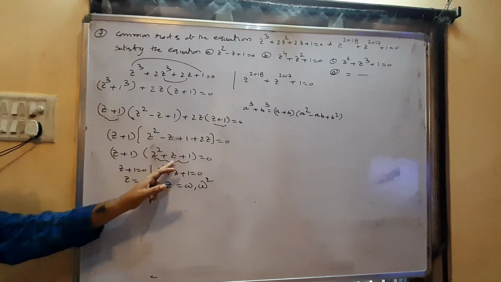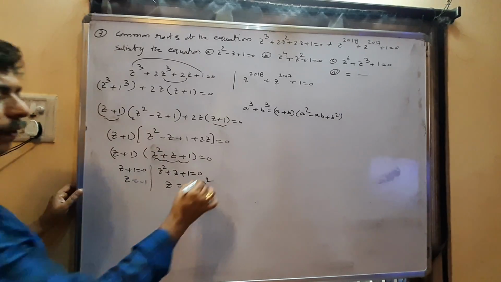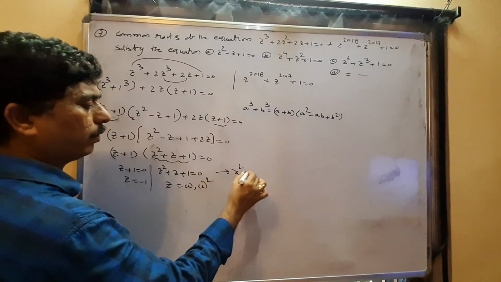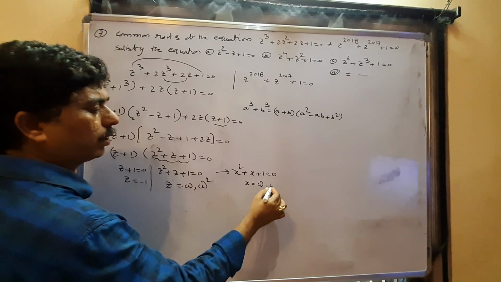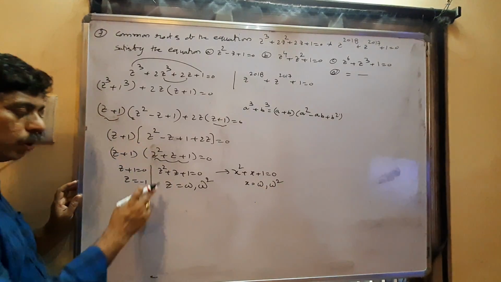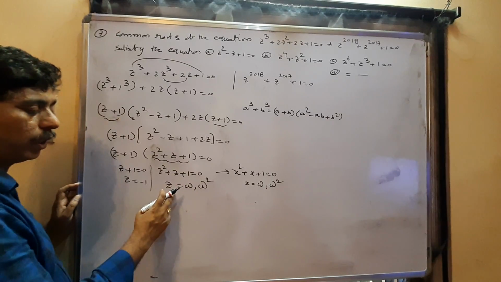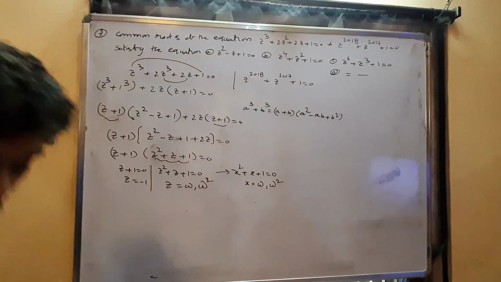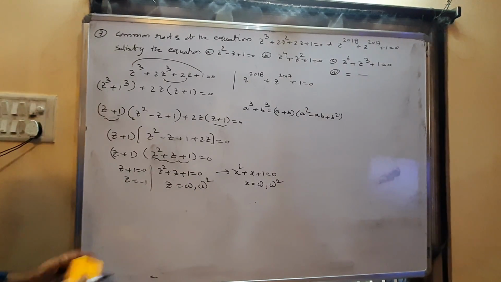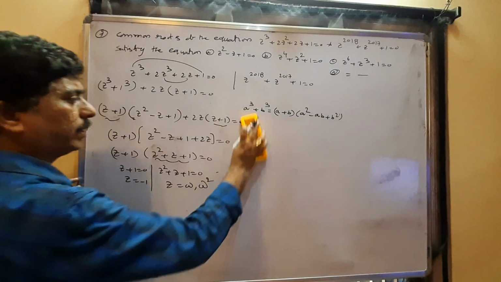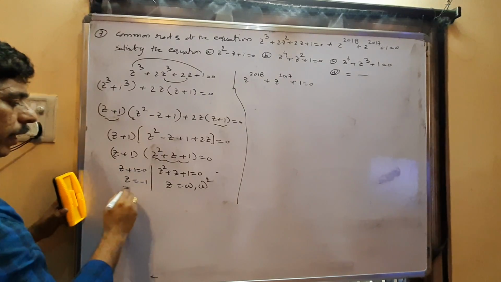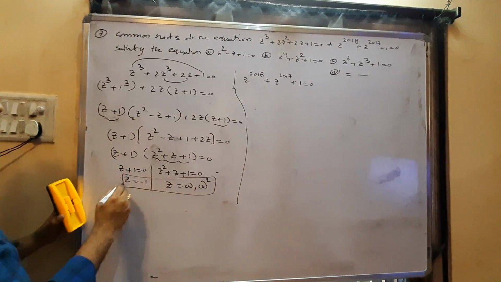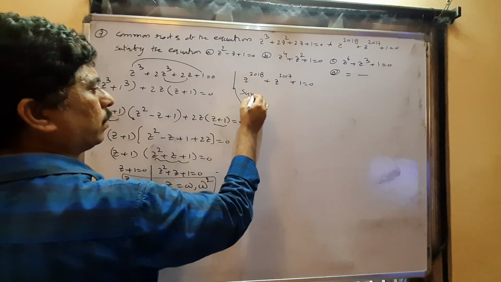Minus z plus 2z is plus z, so it is in the form x^2 plus x plus 1, which has the roots omega and omega squared. Now these three roots you have to substitute in the second equation. Substitute z equal to minus 1.